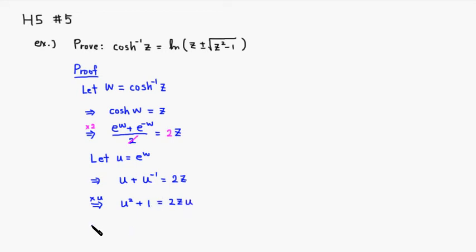Since this is a quadratic equation, I'm going to put all the terms on the left by subtracting 2zu. So you will get u squared minus 2zu plus 1 equals 0. So we can use the quadratic formula to find u.